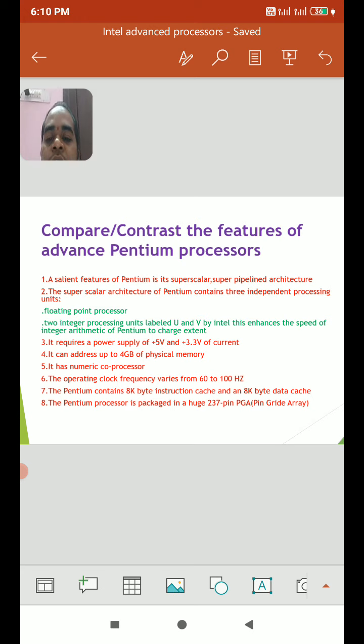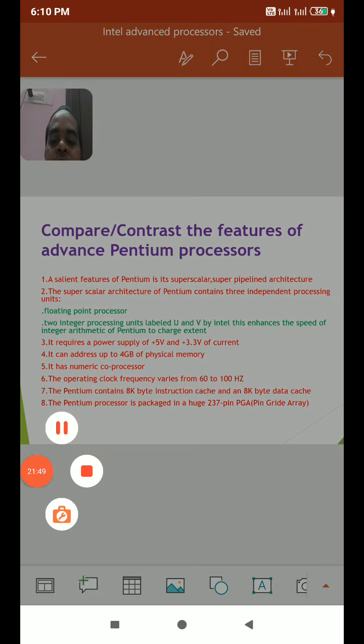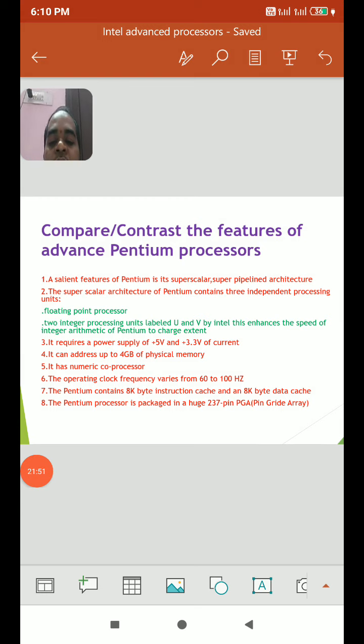The Pentium microprocessor is packaged in a huge 237 pin PGA. It is an important one. The number of pins present for the Pentium microprocessor is 237 pins. It is present in the PGA, pin grid array package.